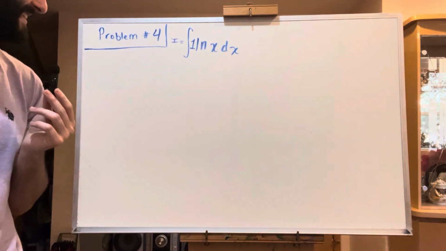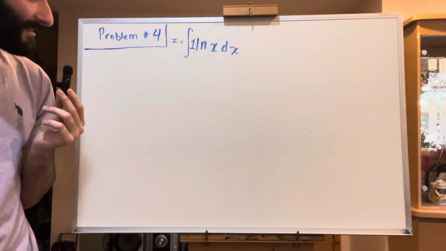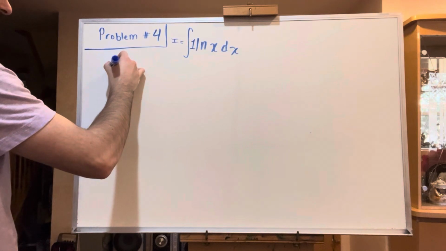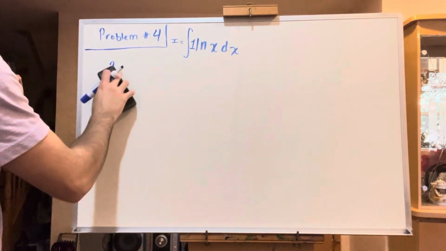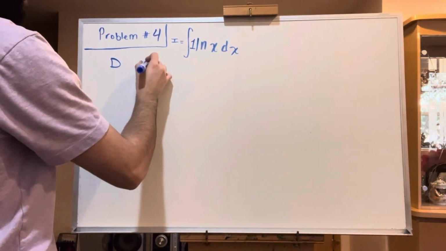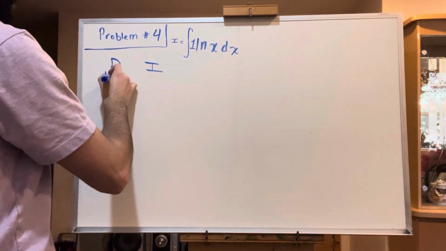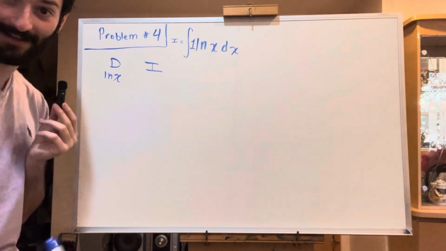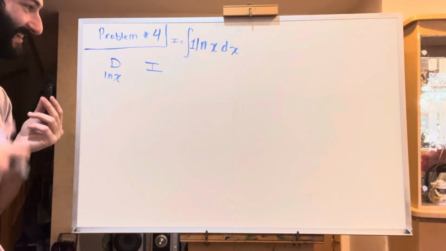So what we can do is we'll go ahead and set u equal to ln of x. Obviously, we're not going to set dv equal to that, because we'll just be in a loop.